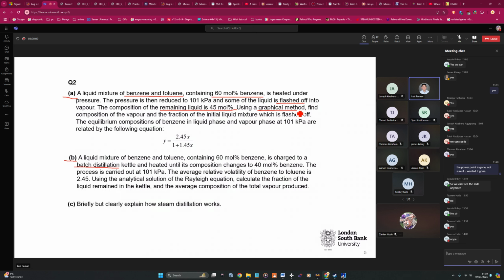We have to use the graphical method to find the compositions, the composition of the vapor, and the fraction that was split. So basically, we need to find the value of y and the value of f.